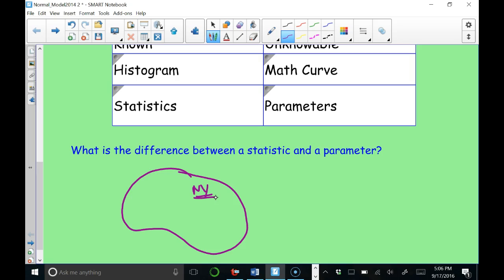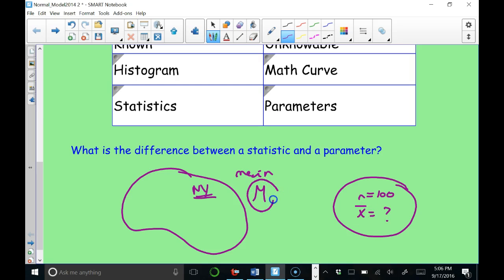We know that height exists. The height of our population, all New Yorkers, exists. We really can't know it though. And so we call its mean the Greek letter mu, versus if I took a sample and I took maybe 100 people and I calculated the mean of that sample.